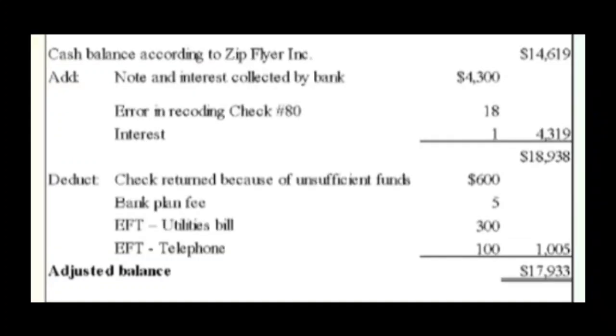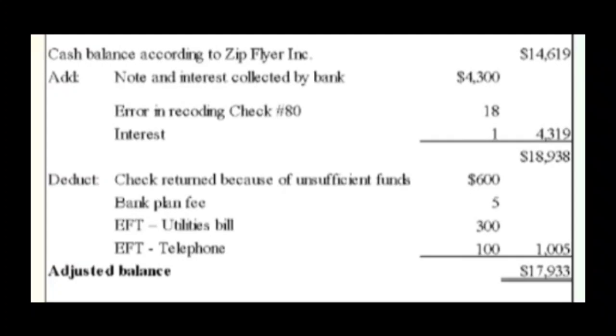Now here we have Zip Flyer Incorporation, which has a cash balance in its books of $14,619. In adjustments we have note receivable, note and interest collected by the bank.